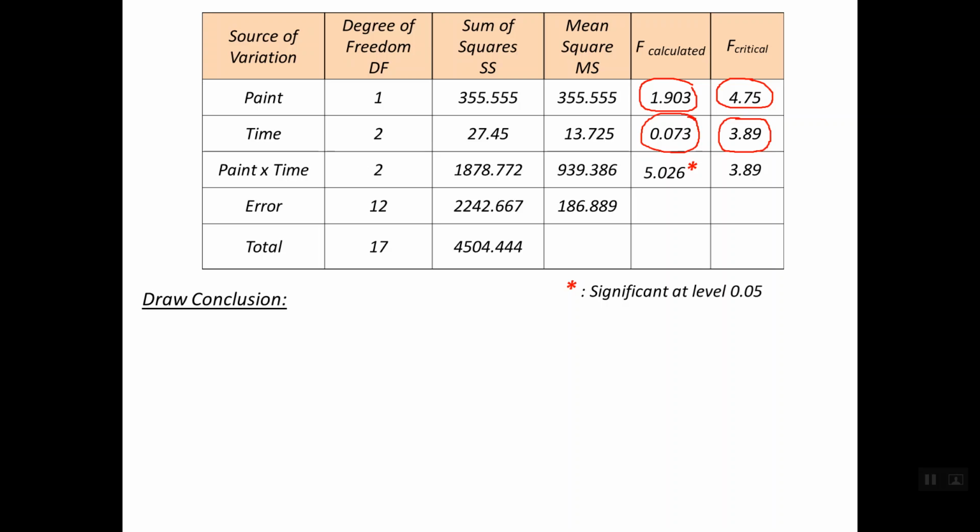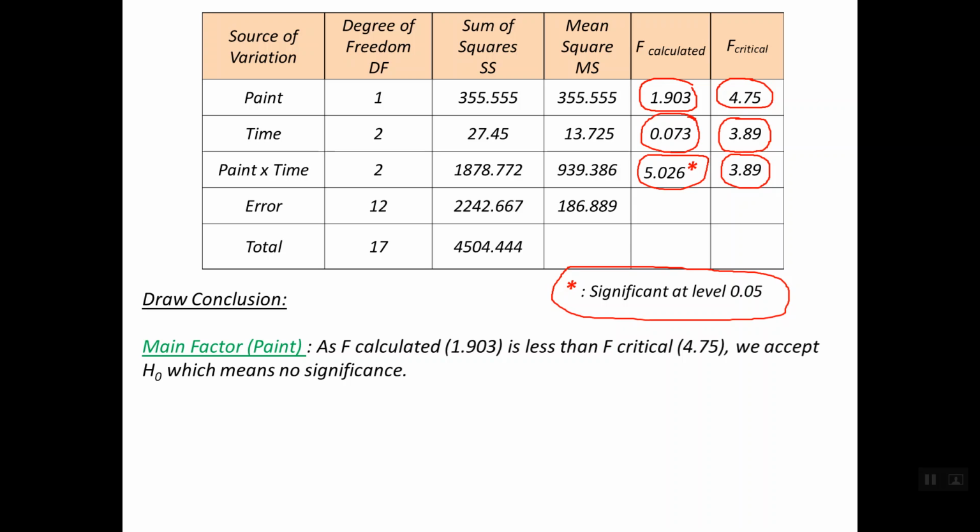But regarding the interaction, the calculated value, which is 5.026, is greater than the critical value of F, which is 3.89. So in this case, we have a significance at 0.05 level.